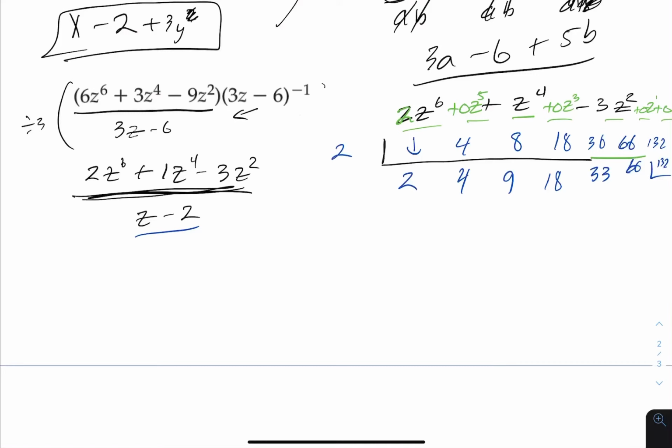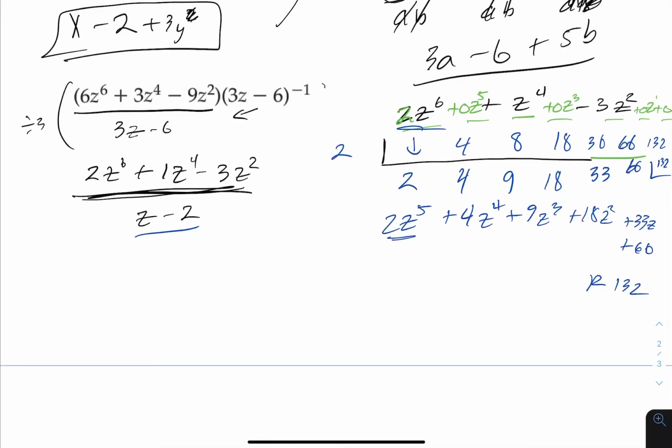So my answer here would be 2z to the 5th plus 4z4 plus 9z3 plus 18z squared. Remember, I started off 1 lower, that's why I'm going down. Plus 33z plus 66, remainder 132.